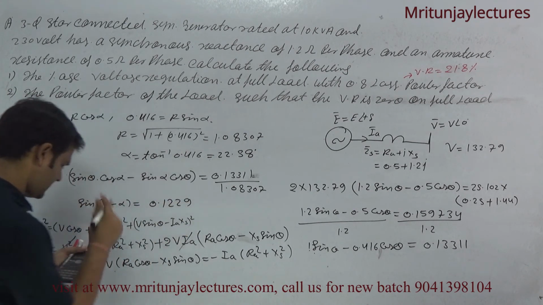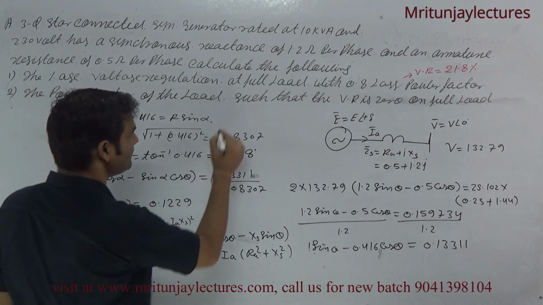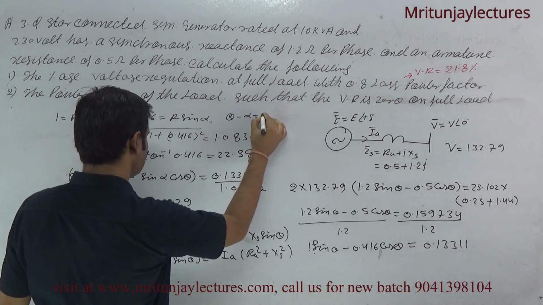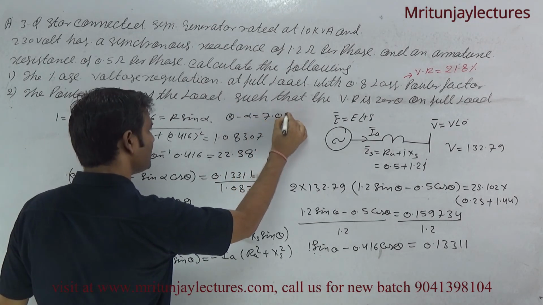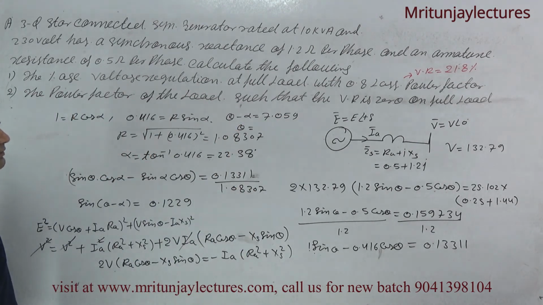So sine inverse gives 7.059. So theta minus alpha is 7.059. So theta is equal to alpha plus 7.059. What about alpha?